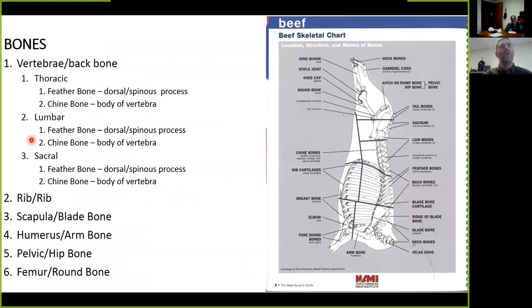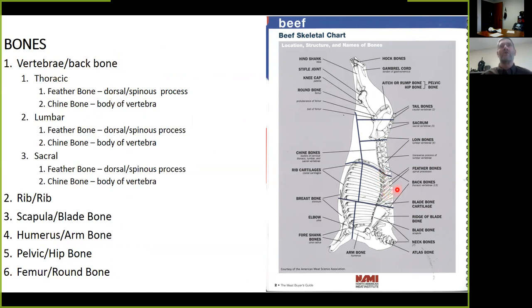So here's the bones again on the left side, and now on the right side is a beef skeletal chart. So we'll just go down through here. We'll go through the vertebrae, the thoracic vertebrae. The thoracic vertebrae are any of these vertebrae that have a rib attached, okay? So there's 13 of those in the beef carcass.